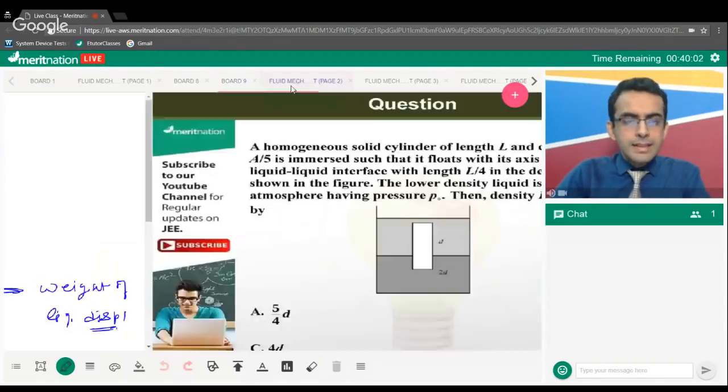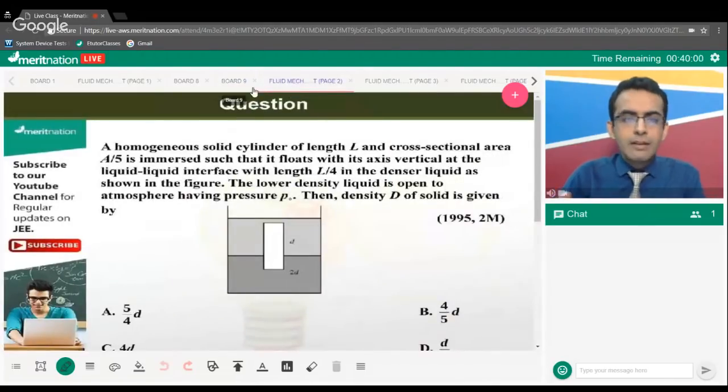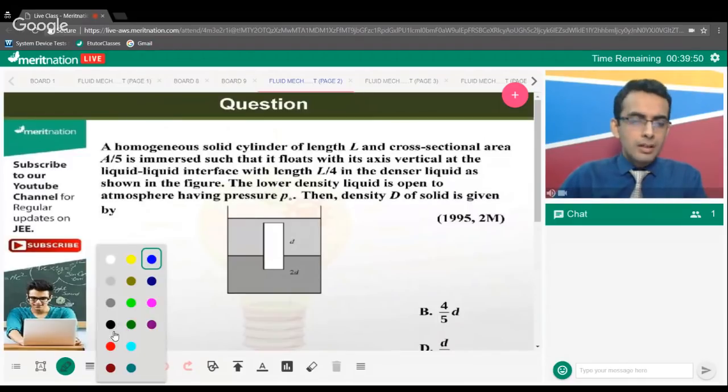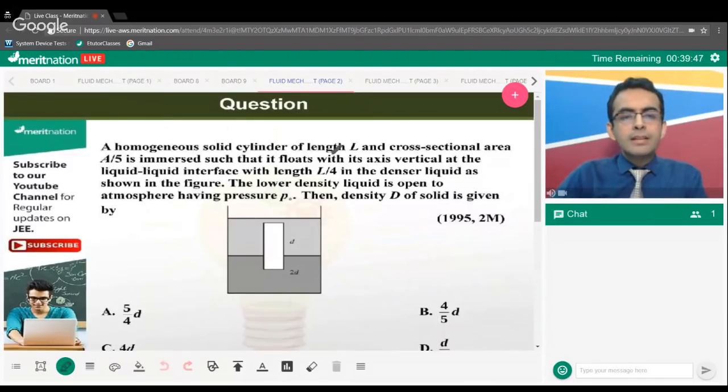Let's see a question, and a question will clarify things more. We are given a homogeneous solid cylinder of length capital L and cross-sectional area A by 5, immersed such that it floats with its axis vertical at the liquid-liquid interface.